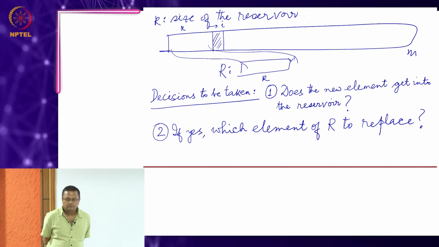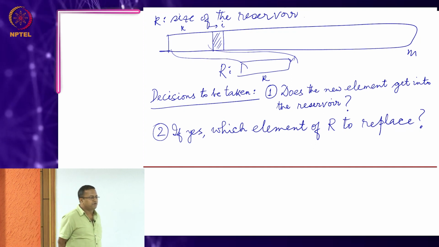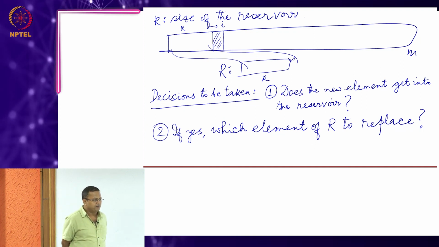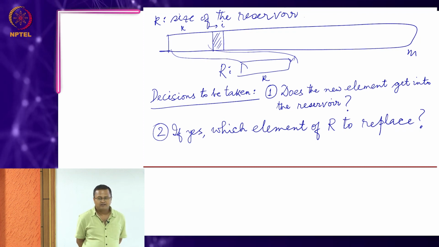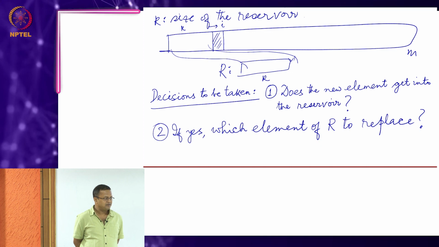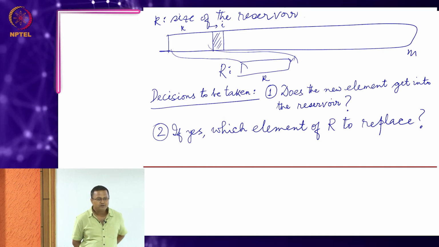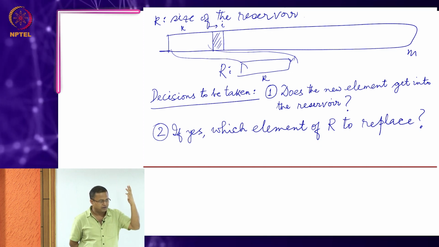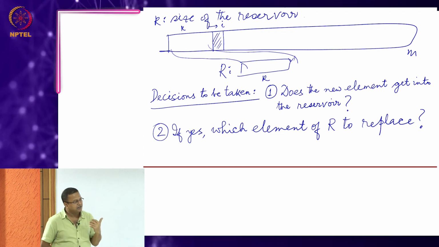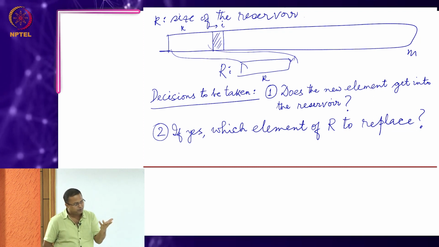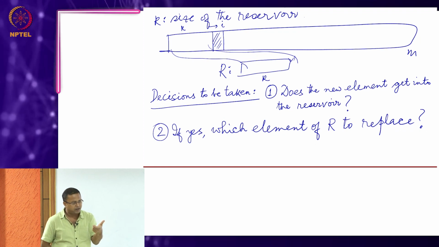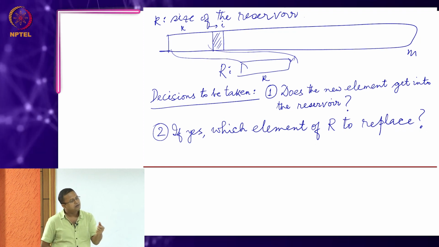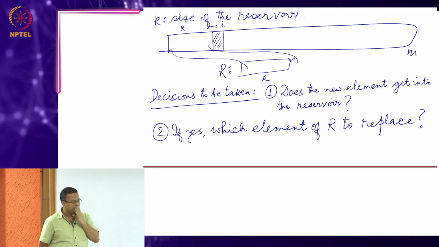Now, as you have seen for your quick sort, if you always say that my first element is the pivot, then your life is in problem, right? So that is why you picked the pivot uniformly at random. So the best thing in here, if I have taken a decision to replace, is to pick a random number between 1 and k and then replace that value.